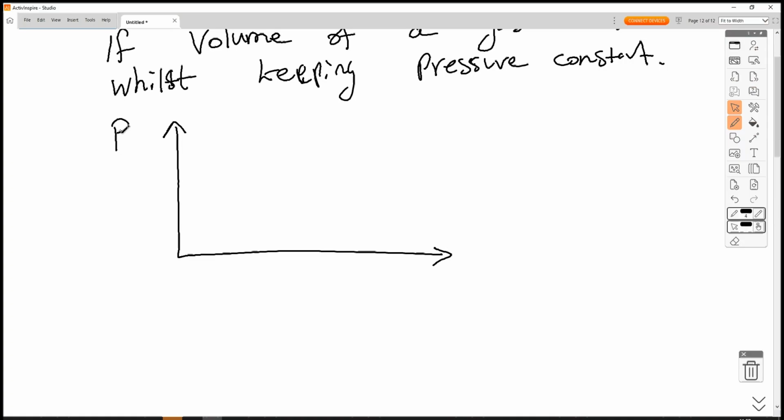We've got P, V, and then two points that we'll call A and B. Moving from A to B means that there was some change in volume.